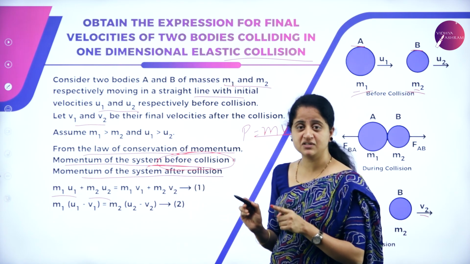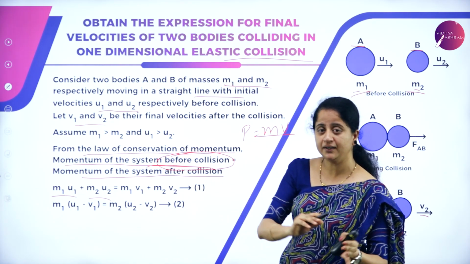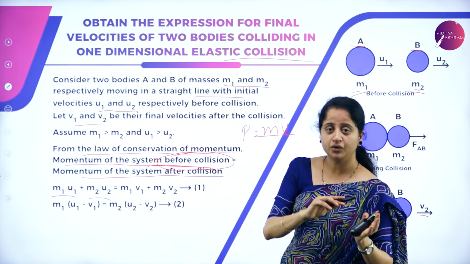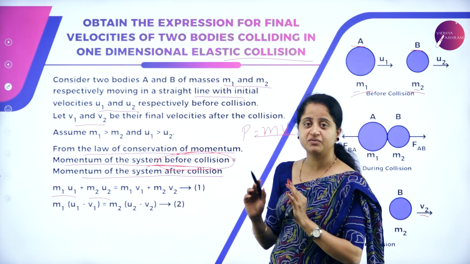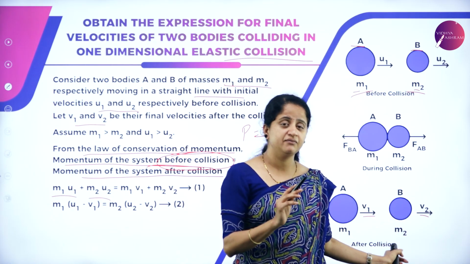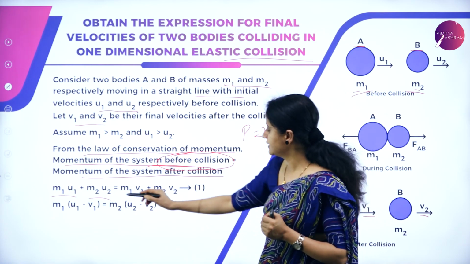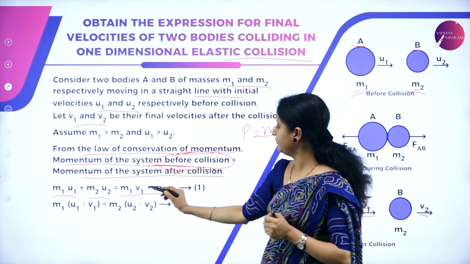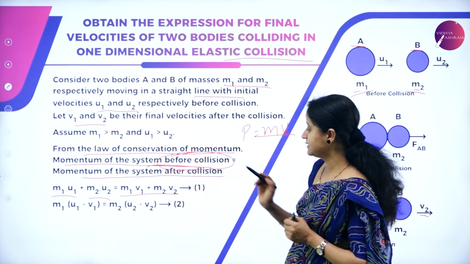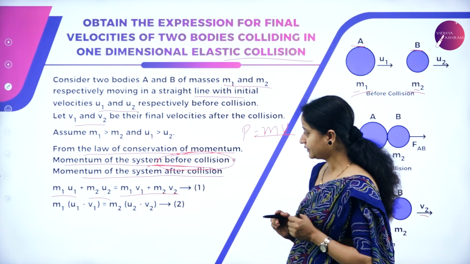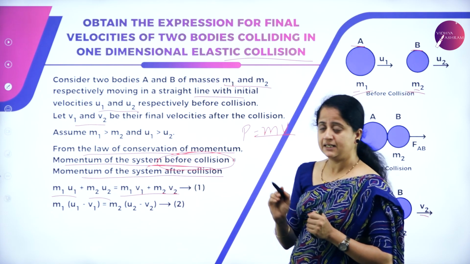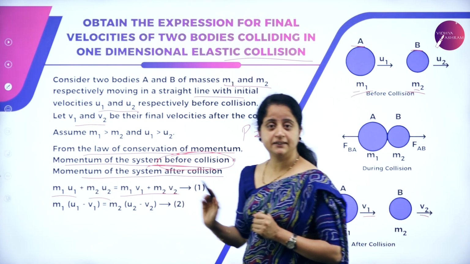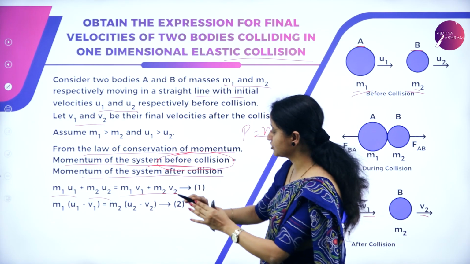After collision, their velocities will change from u1 to v1, u2 to v2. Final velocities of the bodies after collision are v1 and v2. Hence the momentum of the system after collision is m1 v1 plus m2 v2, and this is our equation 1.